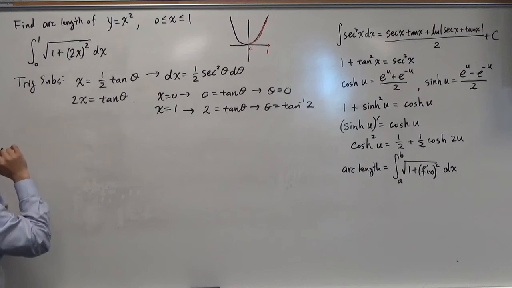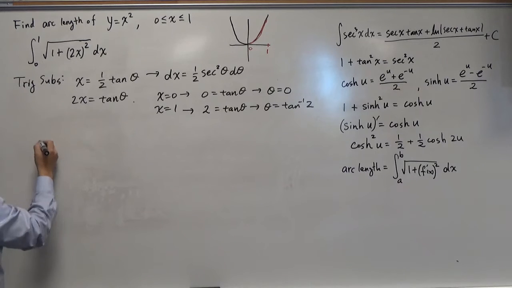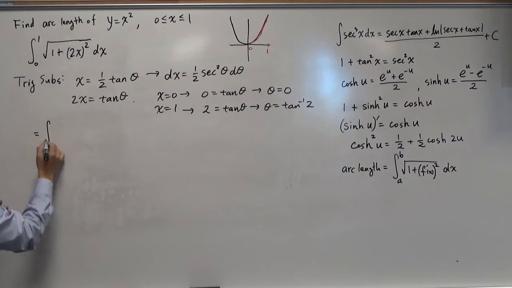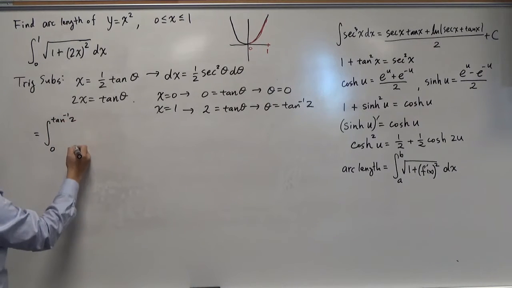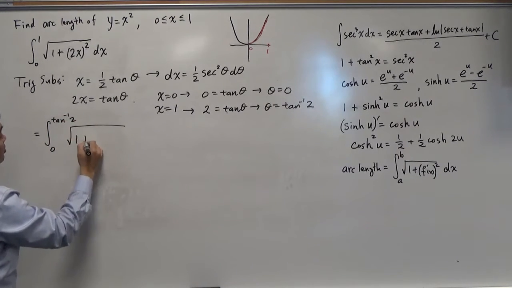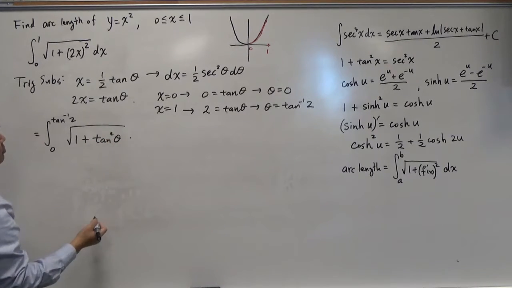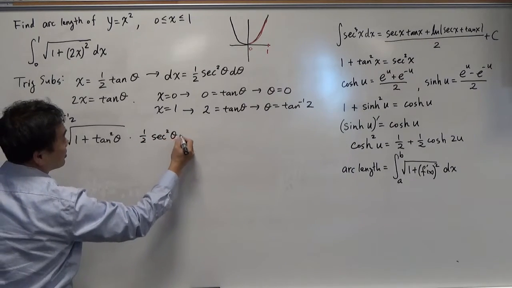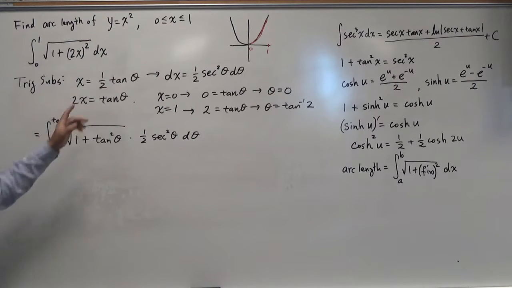Okay, now let's try to rewrite the integral using these values. The integral would be from 0 to tangent inverse of 2 of the square root of 1 plus tangent squared of theta times 1/2 secant squared of theta d theta, because dx is replaced by this one.